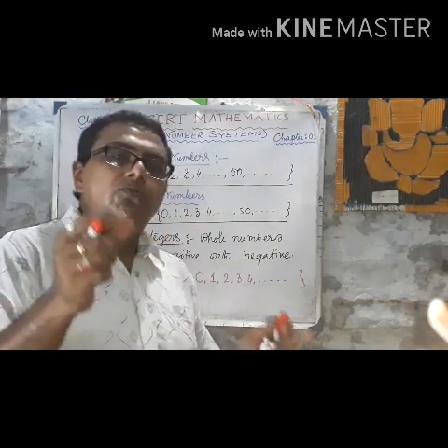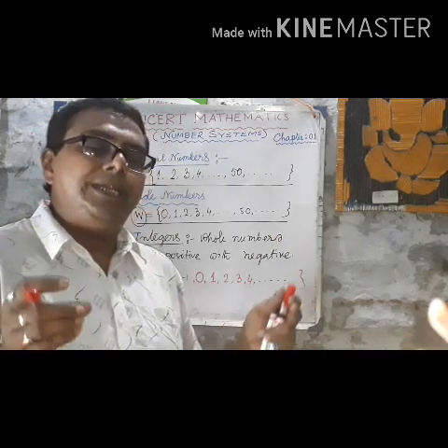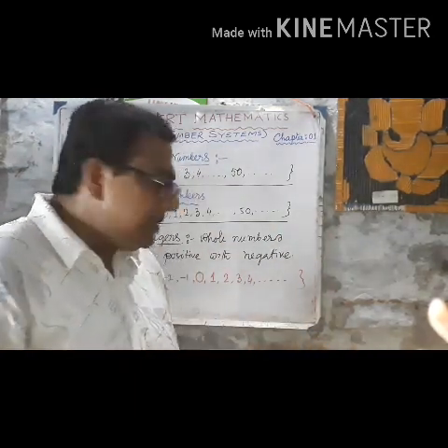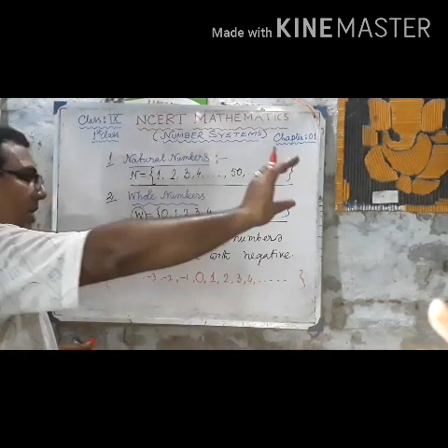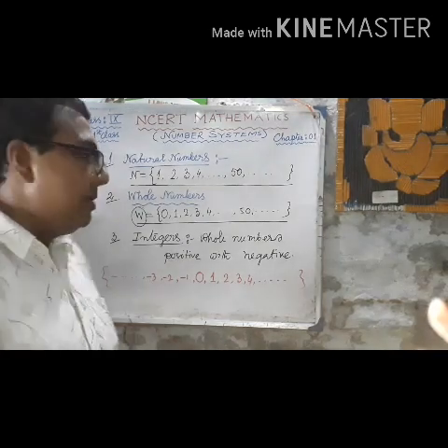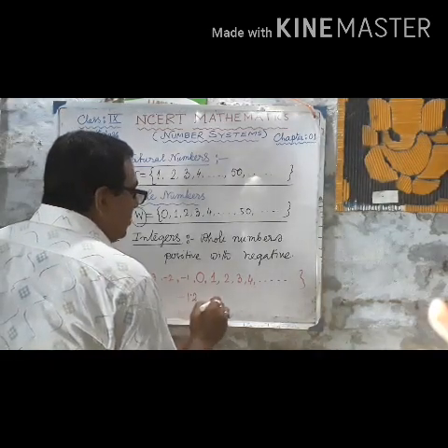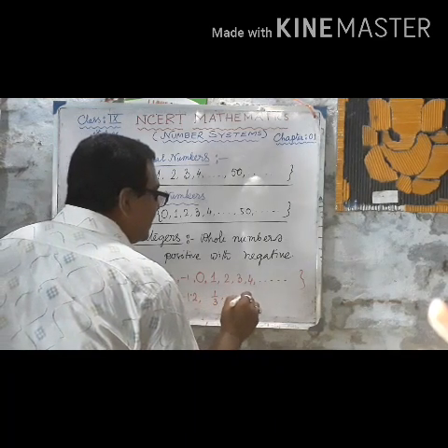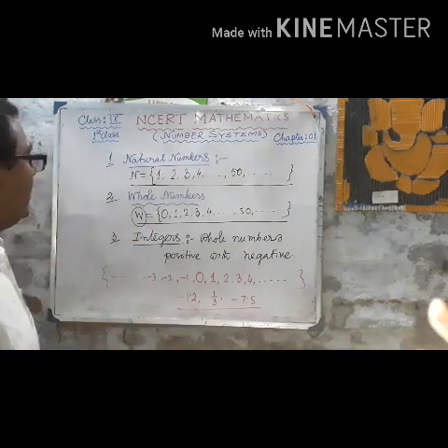0, 1, 2, 3, 4 is the set of whole numbers. When we add to the set of whole numbers the negative numbers minus 1, minus 2, minus 3, they are all integers. But minus 1.2, 1 by 3, minus 7.5 are not integers.